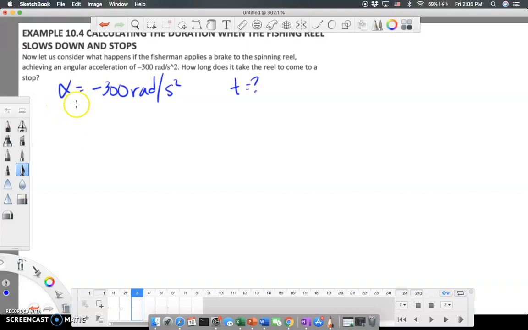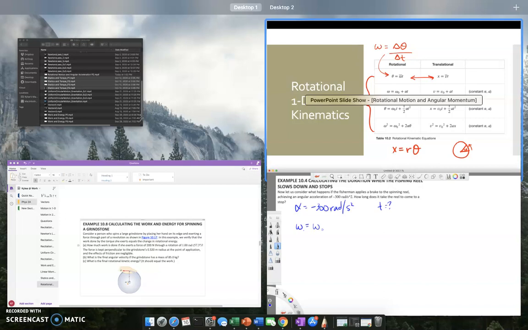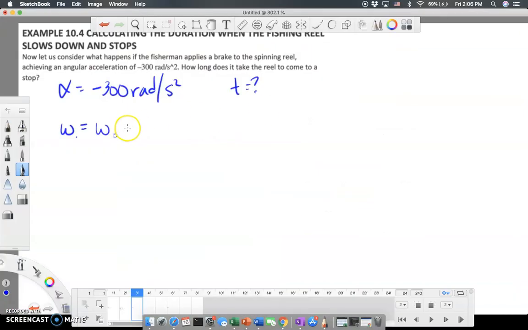So let's see. If we go ahead and write this equation out, omega equals omega naught plus alpha t. We know that we are starting from our last problem.